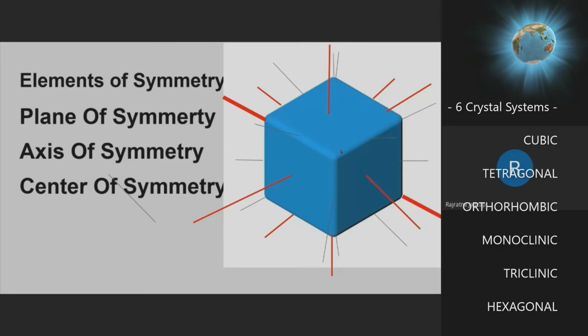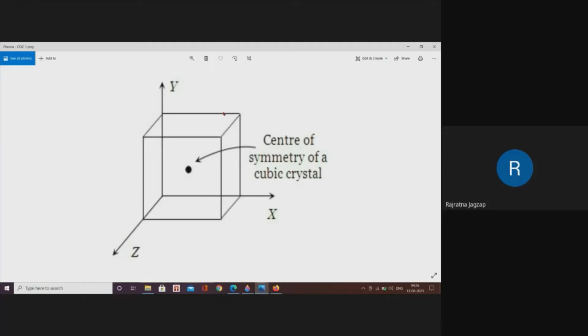If you look at these corners, that is solid angles, top solid angles, you'll find that from any imaginary center, all these solid angles, either at the top side or at the bottom side, are placed at equal distances. From the same imaginary center inside this crystal, you'll find that this axis from this face point to the opposite face point, these two faces at this side and other side, are placed at equal distances from the imaginary center. This is a cube.